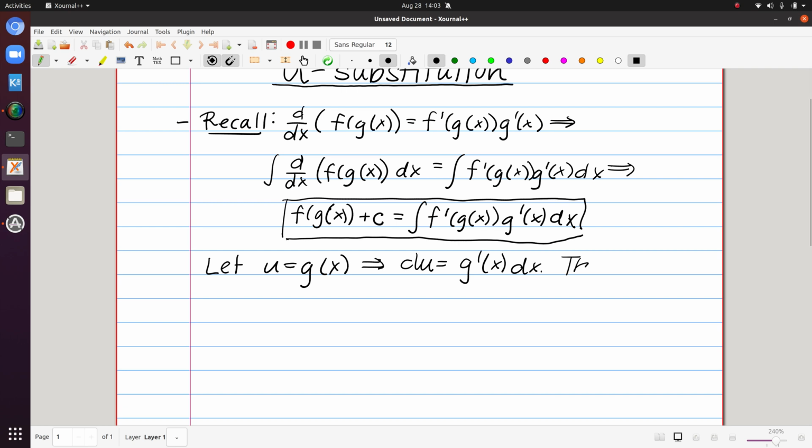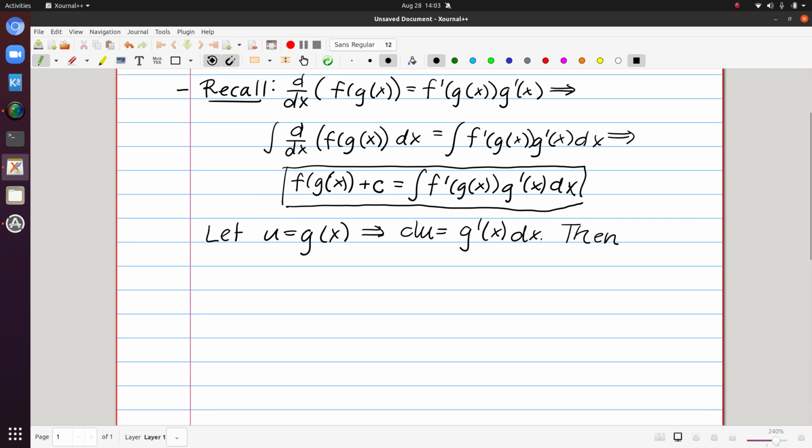Then the way we'll use this is if I start with the integral I have on the right-hand side in the boxed expression, the integral of f prime of g of x times g prime of x, I can now refer to that as the integral of f prime of u du, given the assignments above.